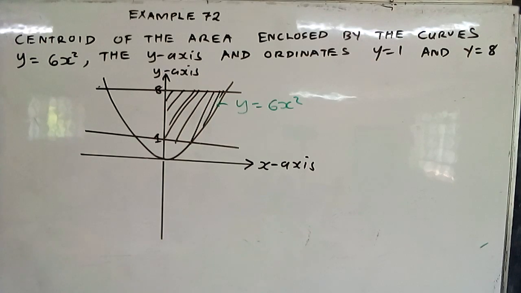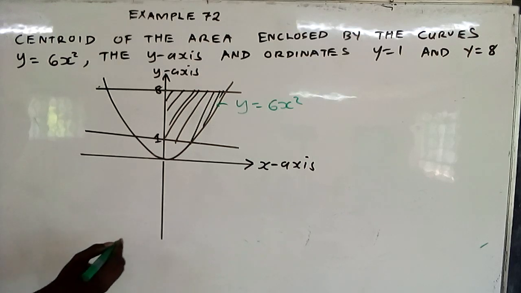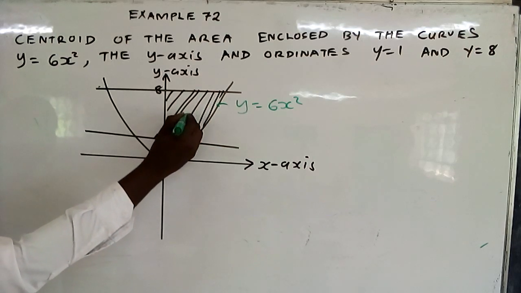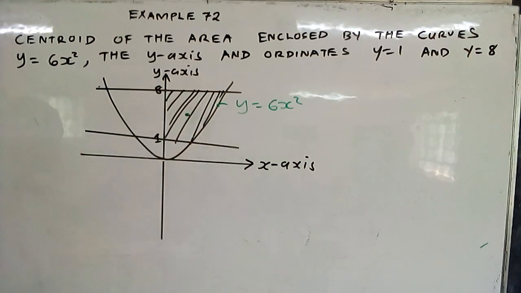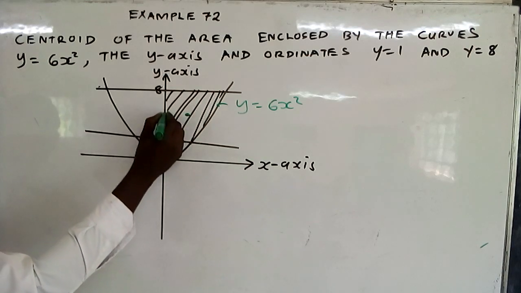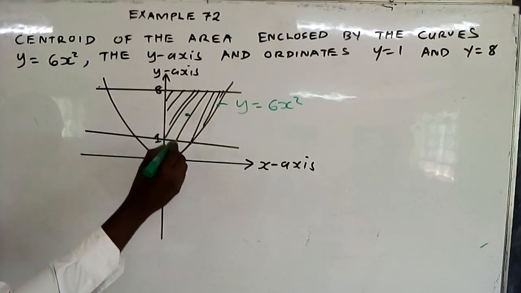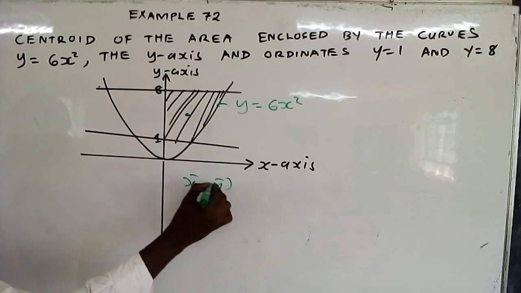Are we clear? So the position of the centroid is like the center of this shaded region. Are we together? Now, if you're looking for the center of this shaded region, it is denoted in the form x bar, y bar, isn't it?